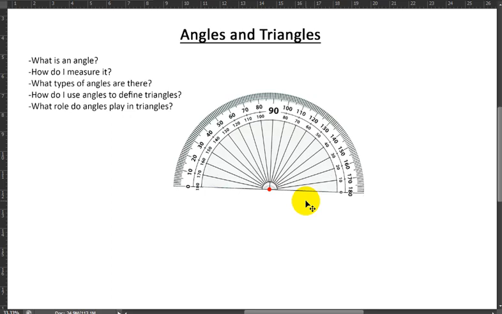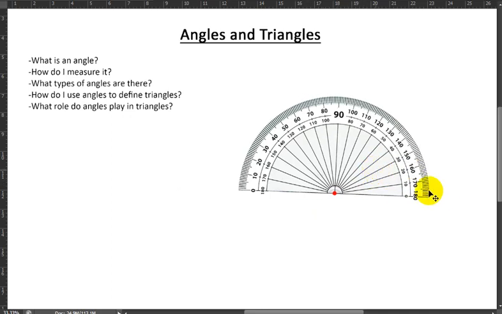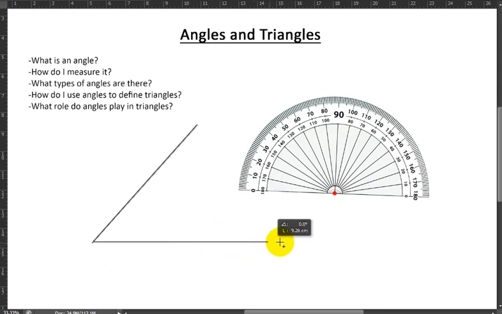So, how do I use this? Let's say I make a random angle. Let's say I go and make this. And I want to measure how open this angle is.